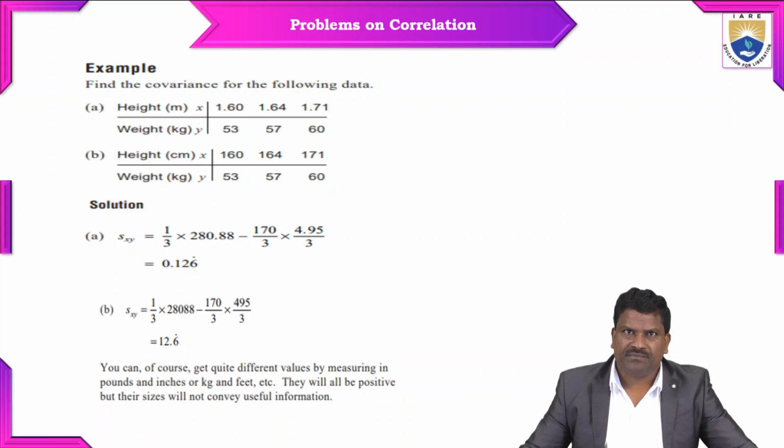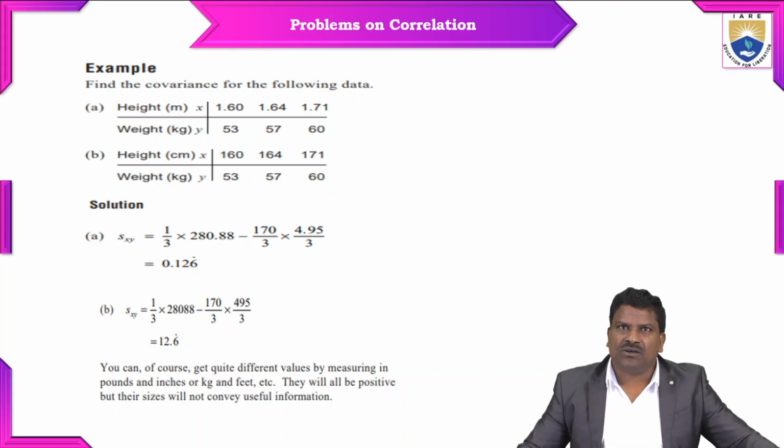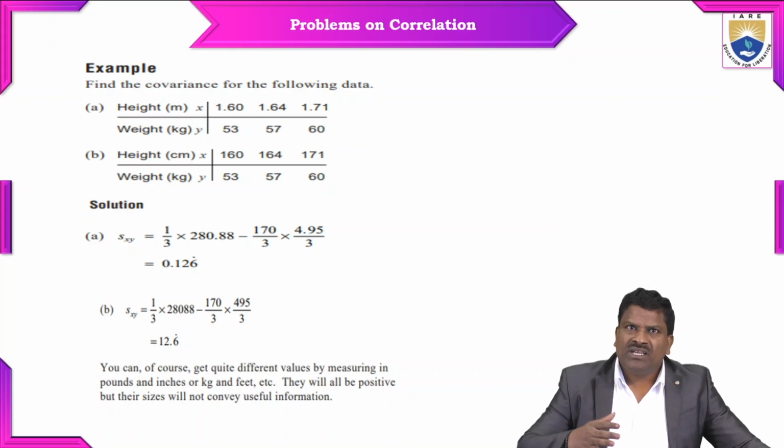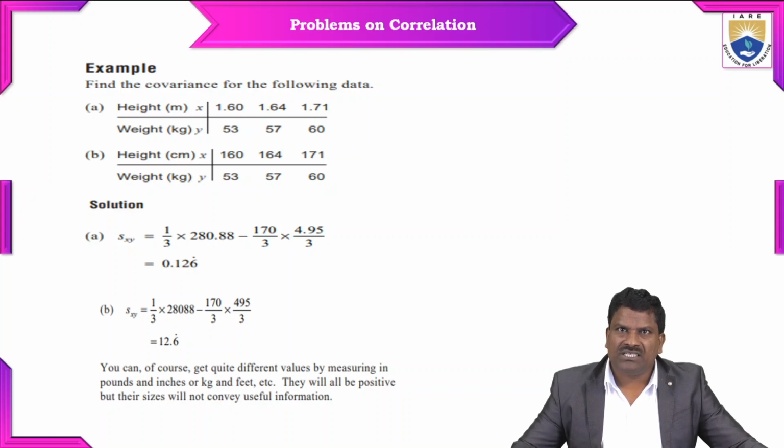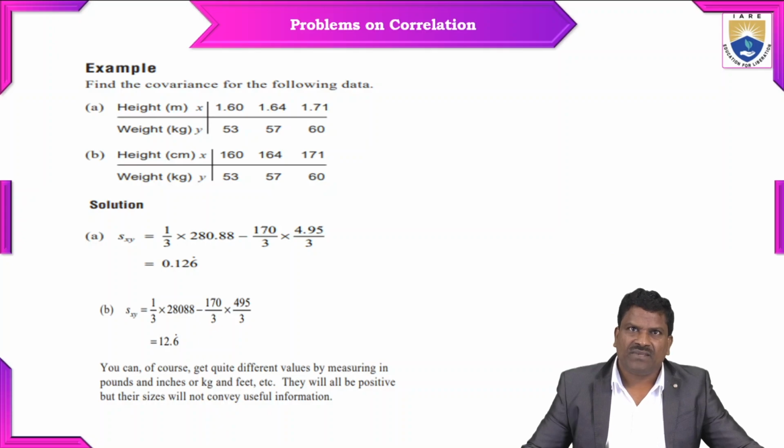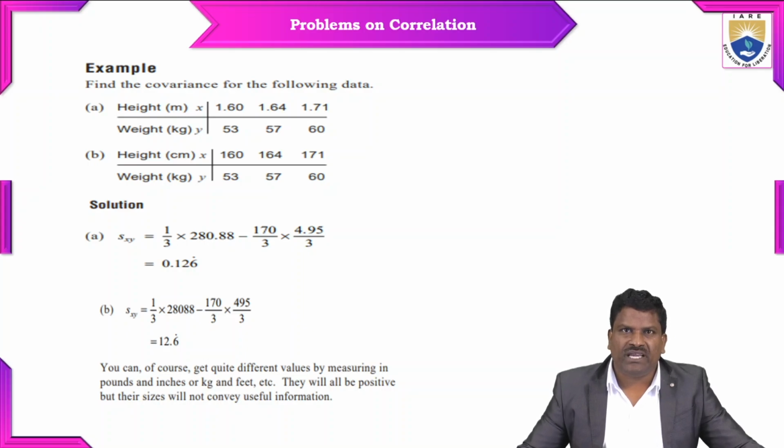For the other sum also, they have directly given the height in centimeters, 160 centimeters, 164 centimeters, 171 centimeters. Their weight is given like that, 53 kg, 57 kg, 60 kg. Now they are asking covariance for this data, A and B.